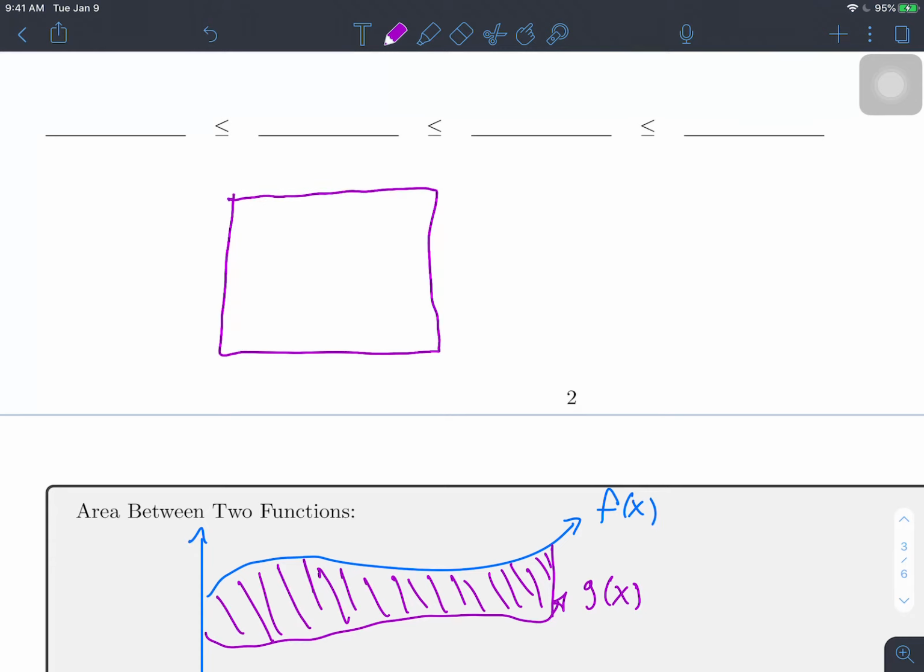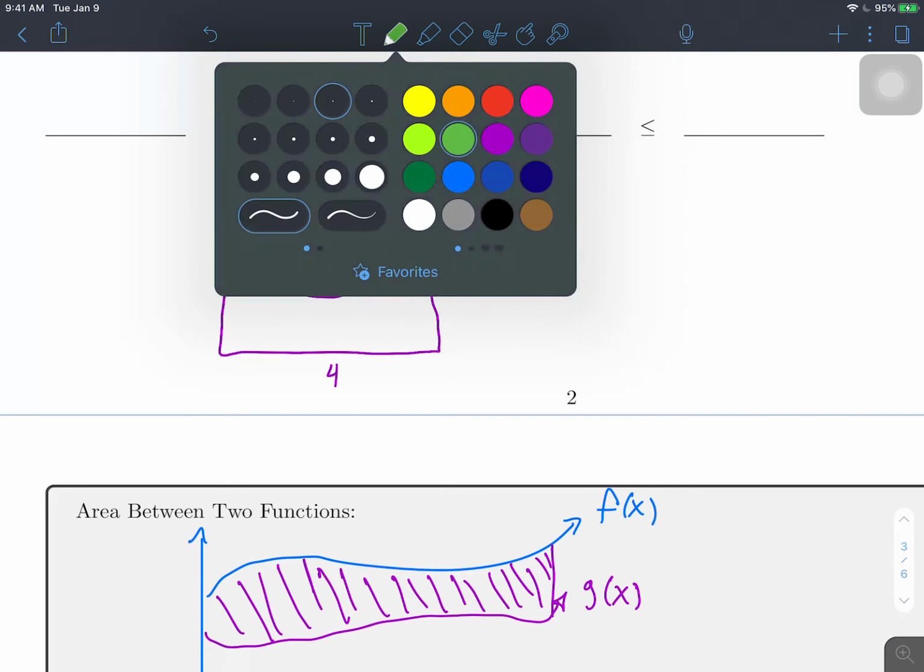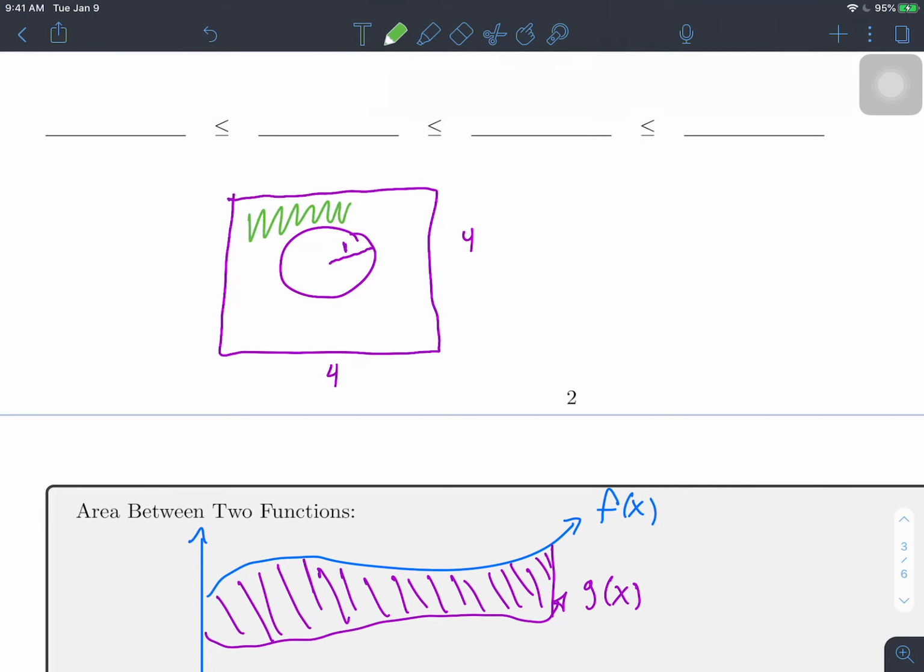Say I have a square, which is 4 by 4. And inside the square, I cut out a circle from it. And the circle has radius 1. How do I find the area of the shaded region? Yeah.